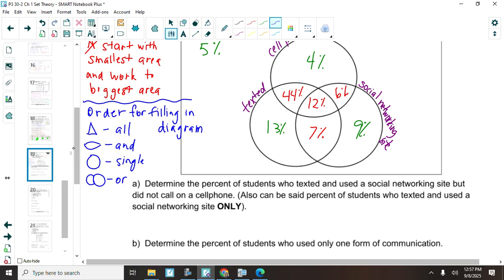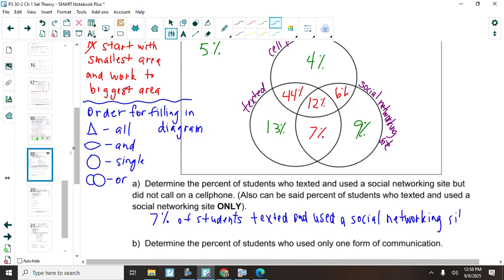So we're not interested in the 12. We're only interested in the 7. So we could say that 7% of students texted and used a social networking site only.